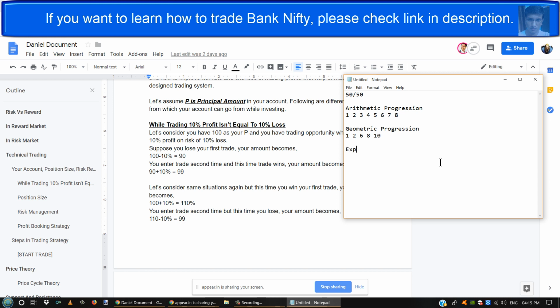Then there is exponential progression, 1 2 4 8 16 and ahead. And finally we have logarithmic progression, 10 100 1000 like this. Do you understand this?